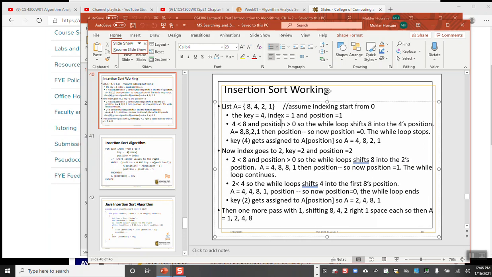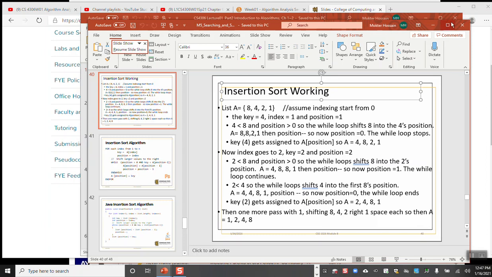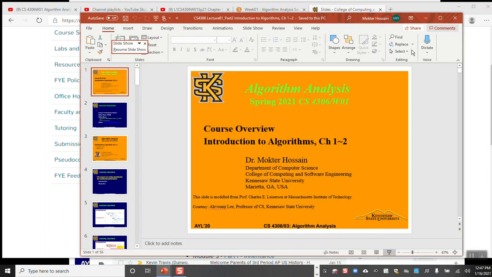Since the position is 0, there is some internal comparison here. These internal comparisons are shown here, but not in depth.